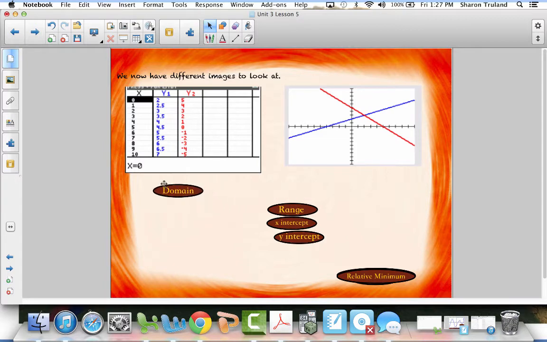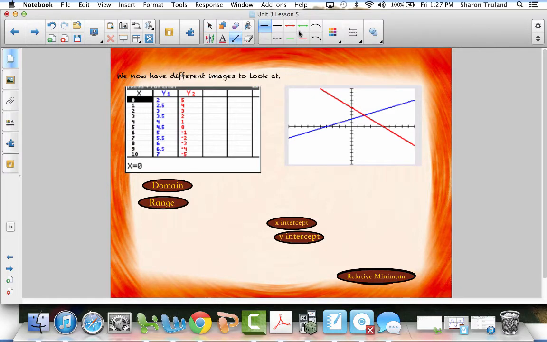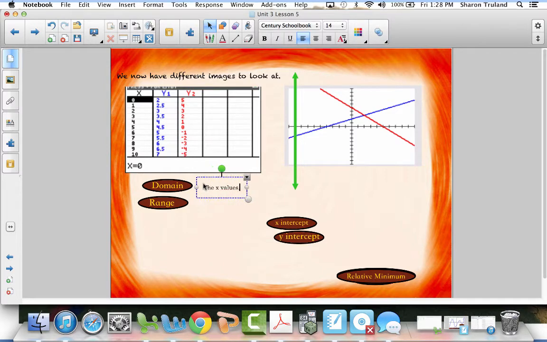Domain and range. Do you remember what domain and range mean? Well, that's right. Domain are the x values. So I'm going to drop a green line right here so we can look closely at this. And if you remember what domain meant, domain is the x values, the inputs.